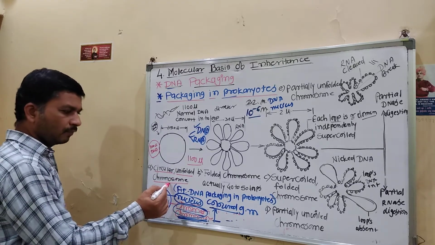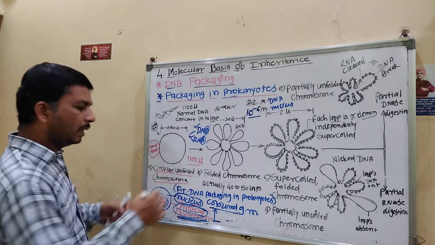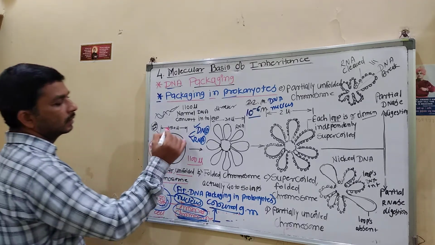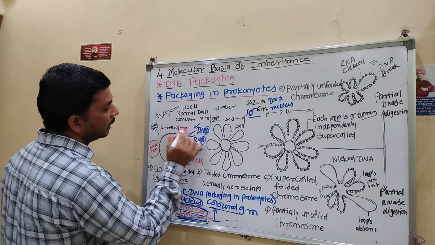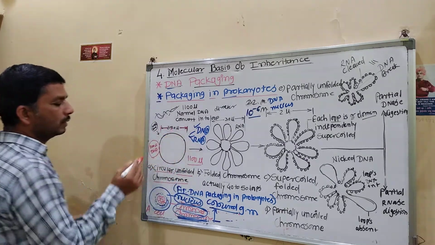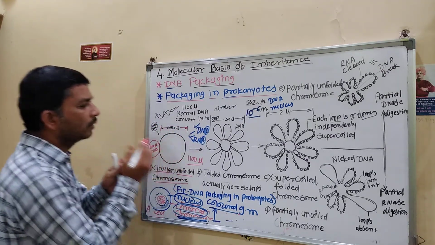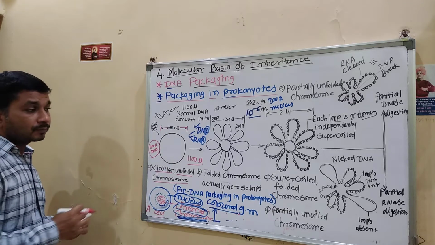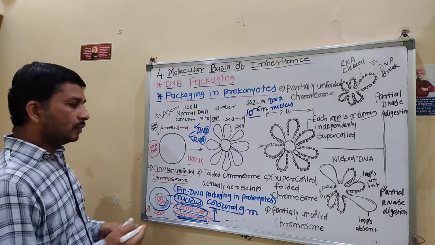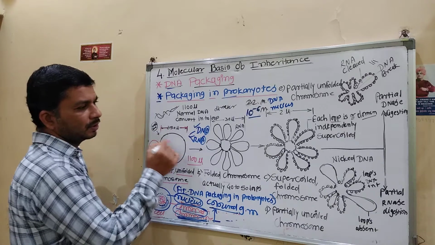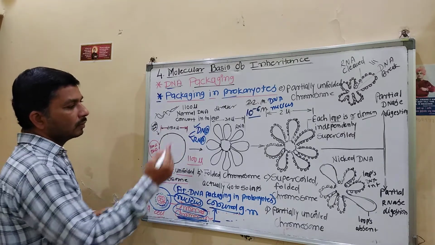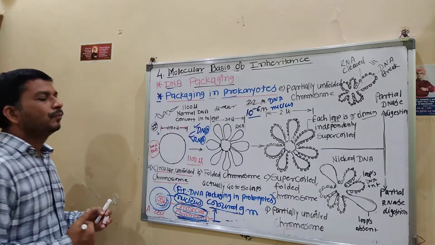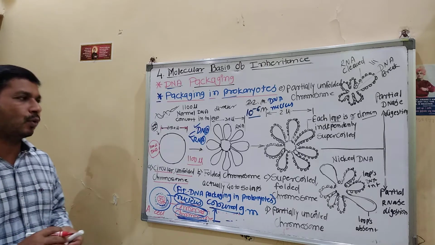That chromosome is circular and unifolded. Here we found 350 micron, that reduced to 350 micron. Then again, this is not sufficient to adjust inside the prokaryotic cell.